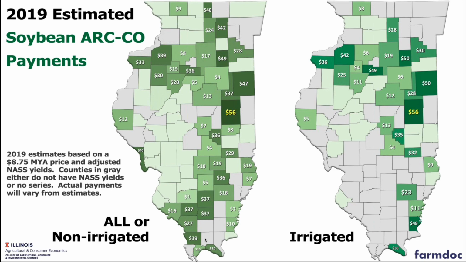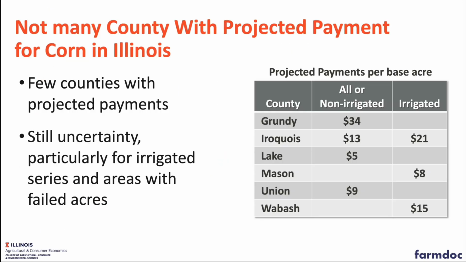So we did have another question from Grundy County. We're going back a little bit. So we're estimating, this is corn, we're estimating a $34 payment for Grundy County. And what yield are we using for that? What we did again is calculated so we took the NASS yield in Grundy County. We had an adjustment. The adjustment, as they say, is a Gary adjustment.